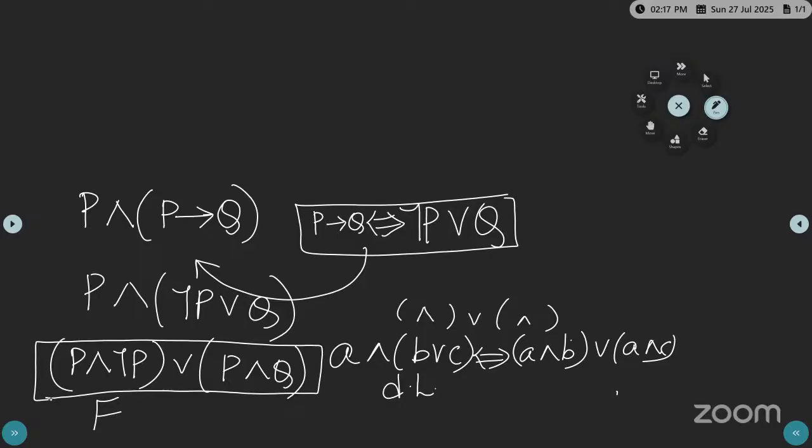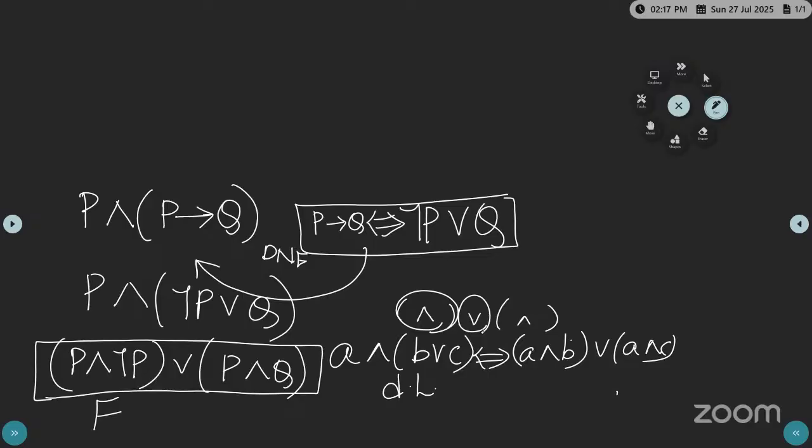Should I repeat it or is it clear? First we changed it. This is the question. You are obtaining the DNF. DNF means disjunctive normal form. So DNF means there should be 'and' between the variables and 'or' between the sum of variables. So what am I doing here?